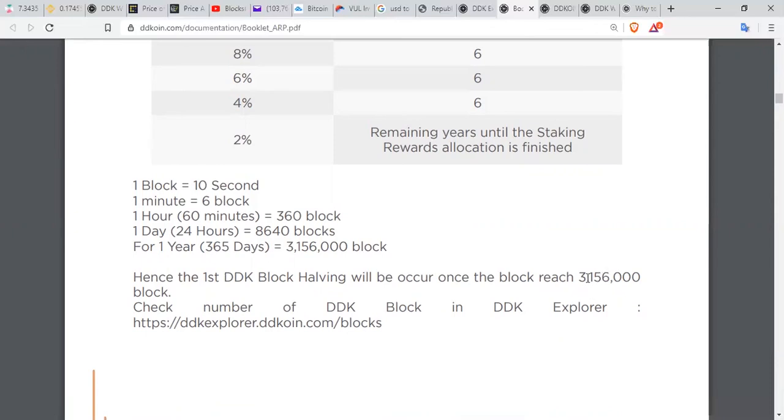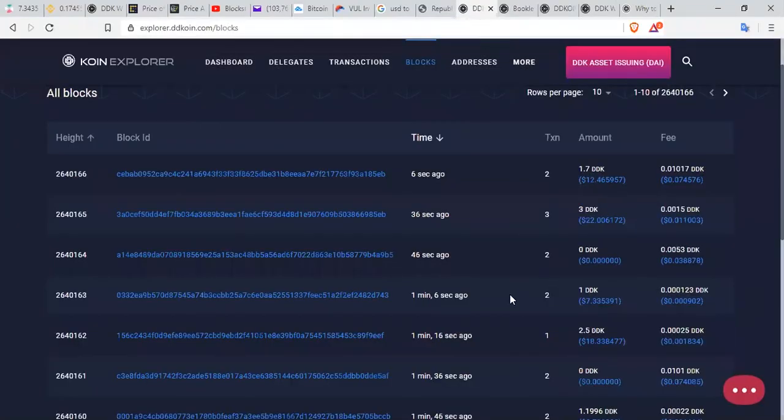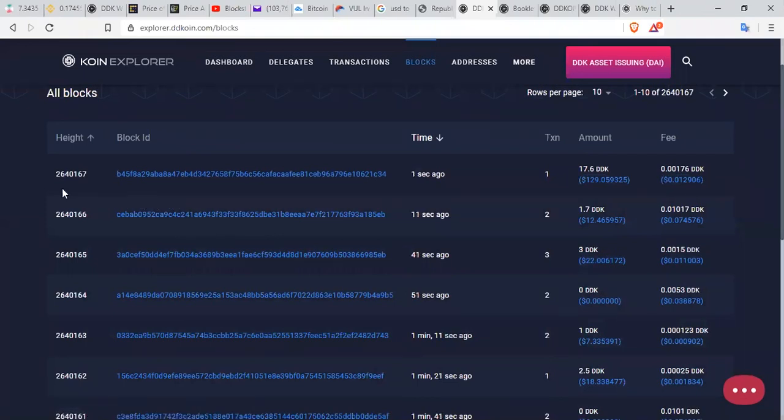That is a correction. So if we are going to check the current block generated by the DDK blockchain, it's actually 2,640,167.